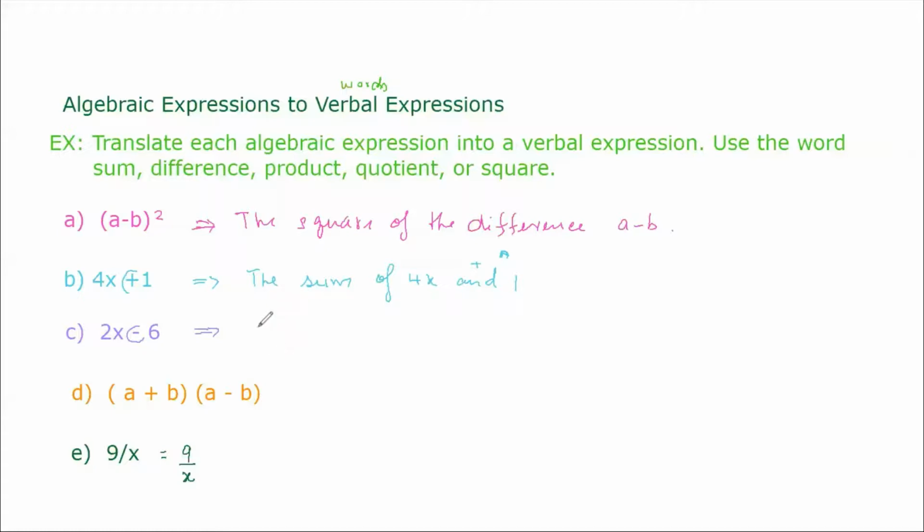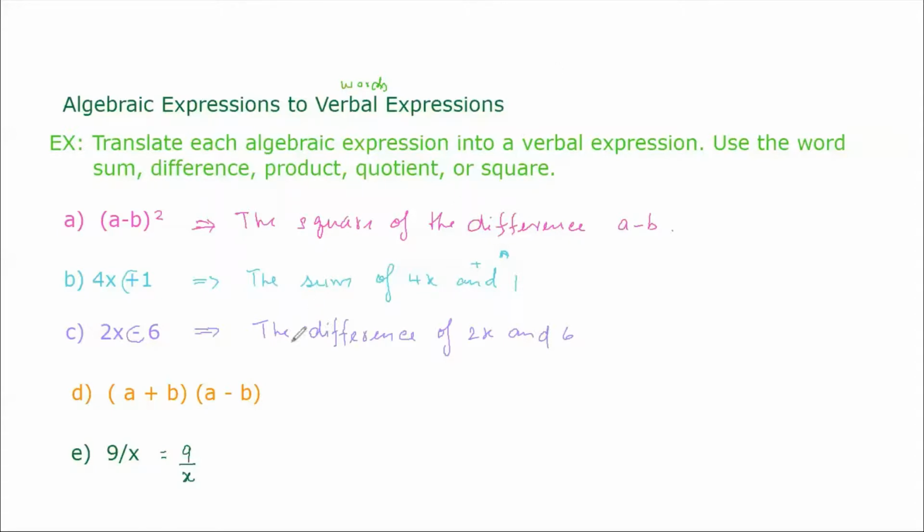So this one is going to be, because it is a subtract, the difference of 2x and 6. Okay. Any questions? So we go on to the next one.